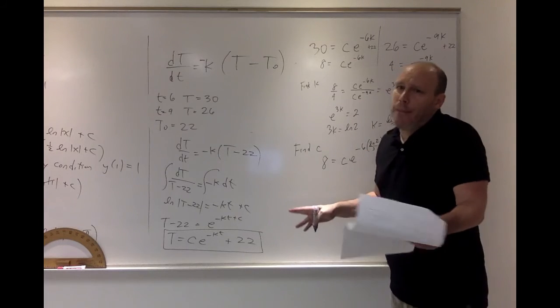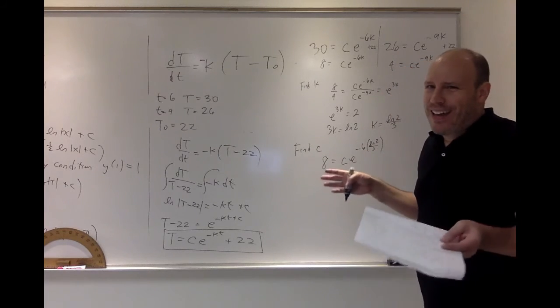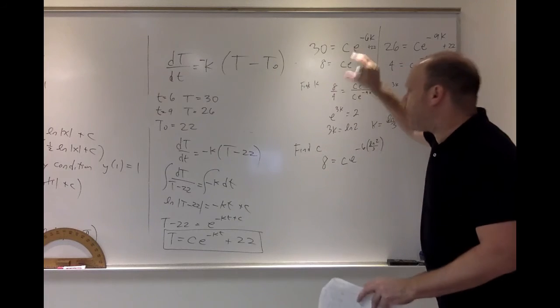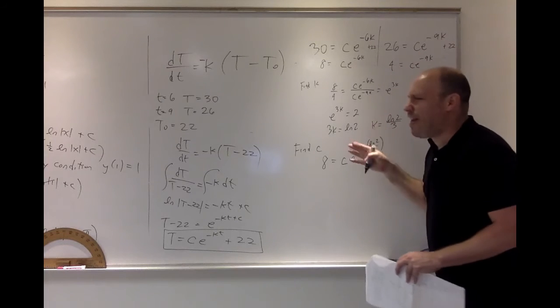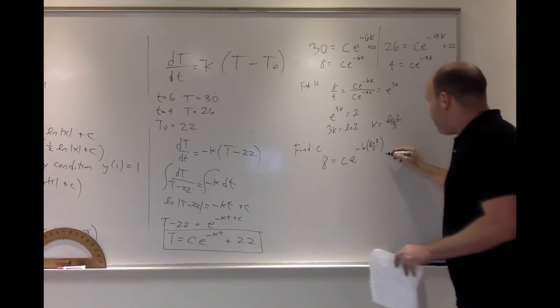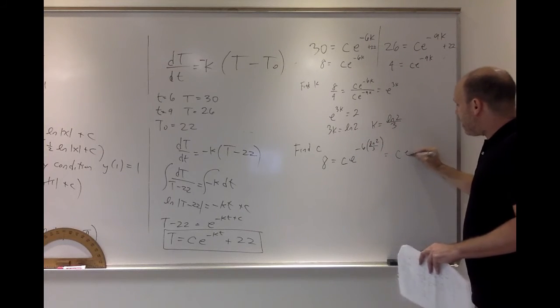When we get back, I might ask you this specific question, so I see you go through the tedium, the small tiny steps. Well, this is c e to the what?